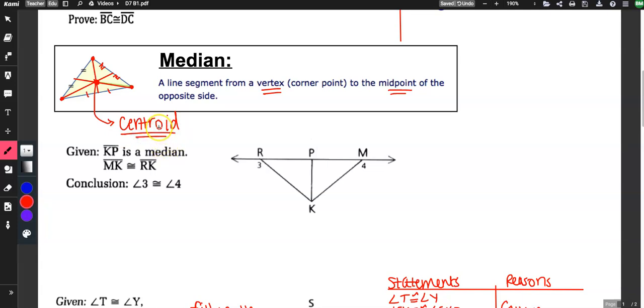And what that does is it splits those medians into proportional pieces. So the little piece is 1/3 of the length, and the larger piece is 2/3.